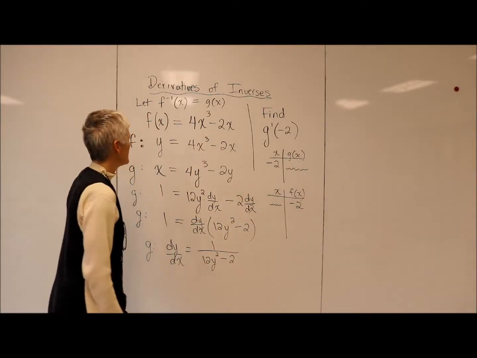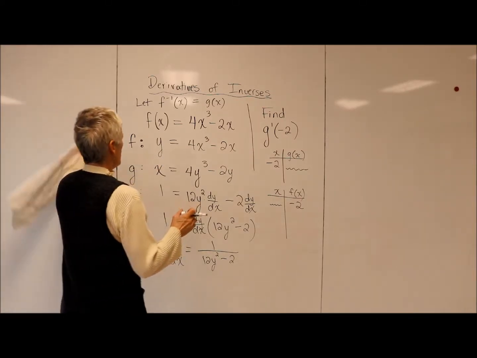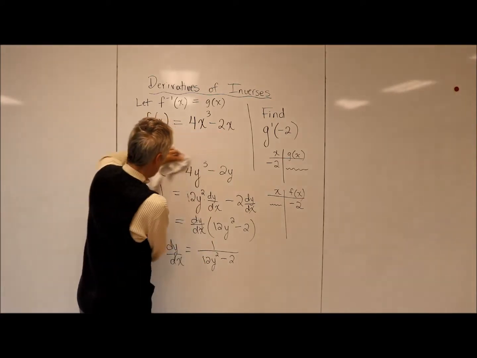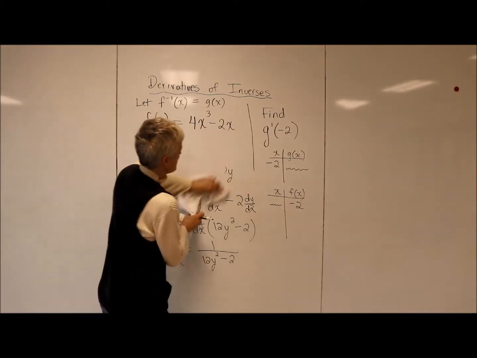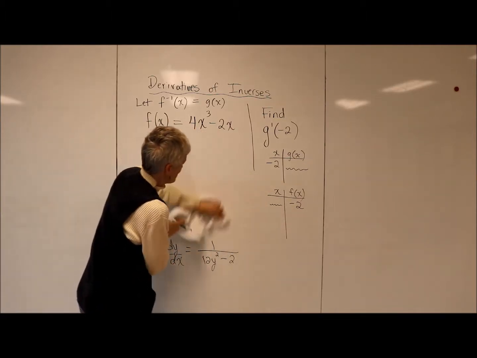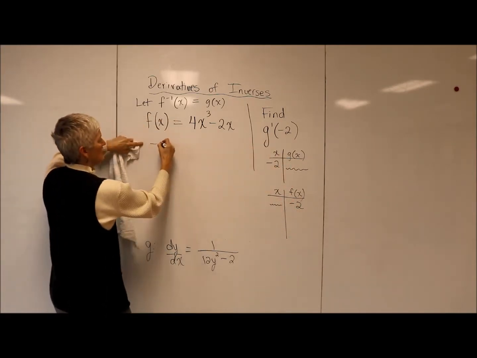All right, let's see if we can do that. I'm going to do some erasing. Okay. All right, we're good up to here. So now I want to say to myself, what produces an f of x of -2?